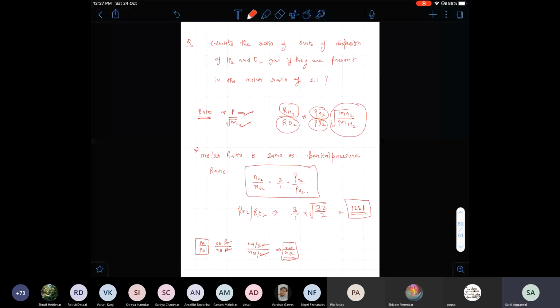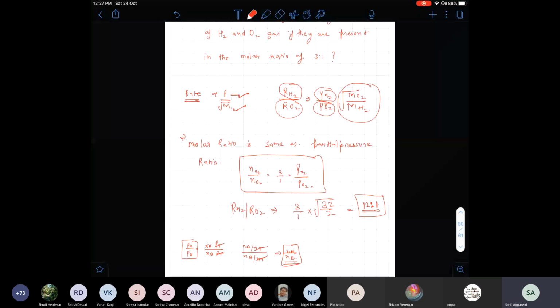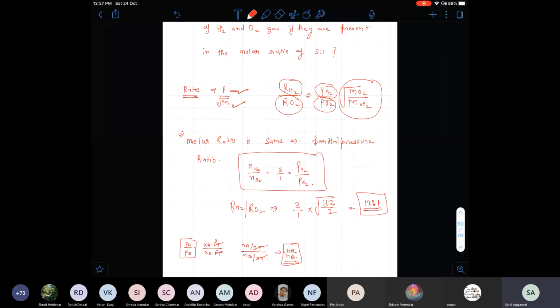This is how partial pressure ratio is same as that of molar ratio. But they are moles, sir. How is it related to mass?